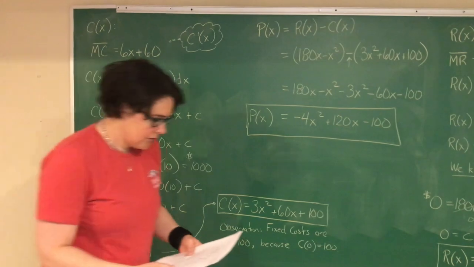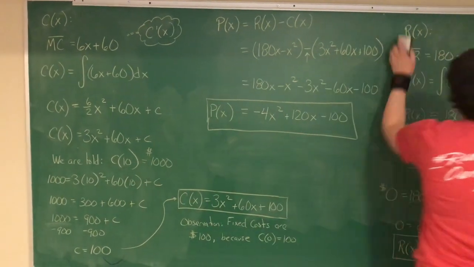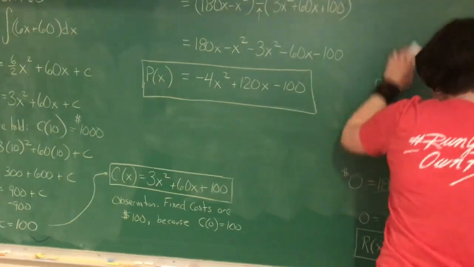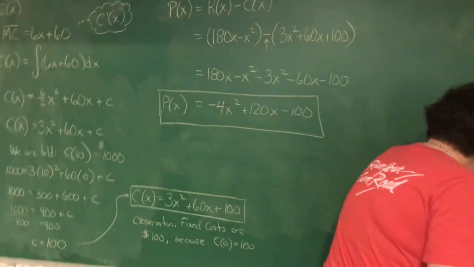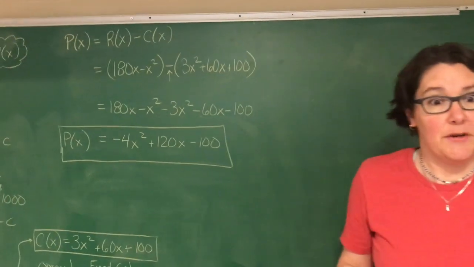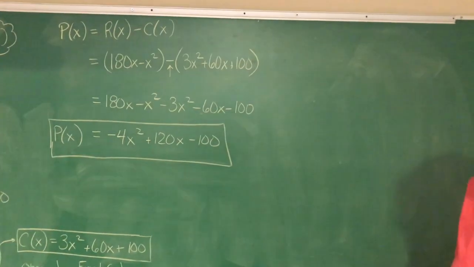Okay, so our final part to this problem is, now that we have our profit function, we would like to know what is the profit if our company achieves its optimal production level.